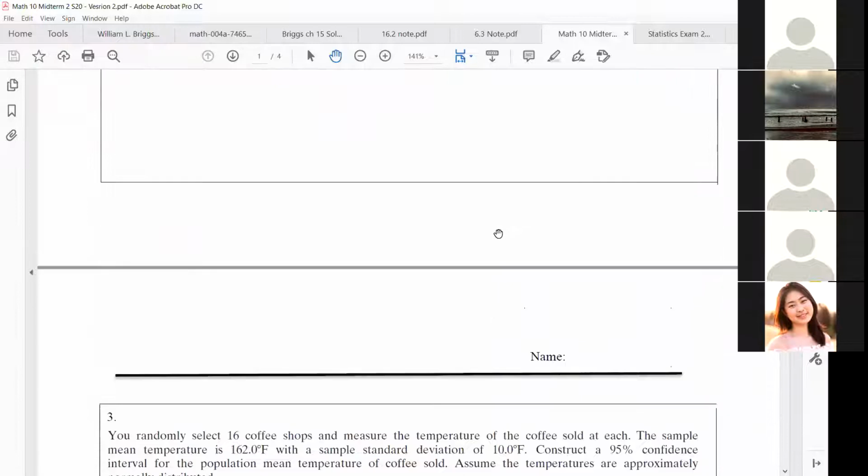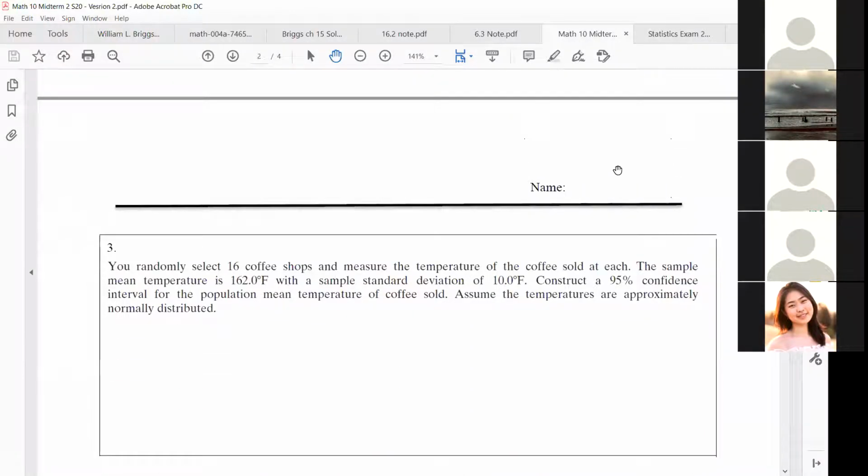So question 3, it says, hey, you randomly select 16 coffee shops. So let me write down the information on the board. 16 coffee shops, and measure the temperature of coffee sold at each. The sample mean temperature, very well, guys.